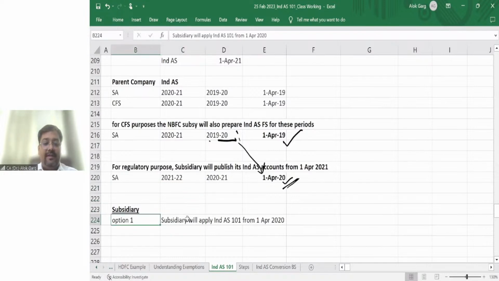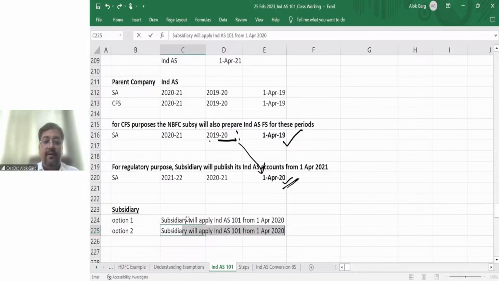So the second option is that the subsidiary uses the 31st March 2020 Ind AS balances as the opening balances under Ind AS on 1st April 2020, its transition date.